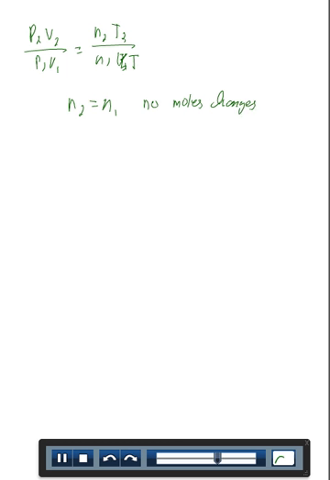So n2 over n1, since they're the same, is going to cancel. So I just have T2 over T1. I accidentally wrote a V1 there, I'm supposed to write T1.